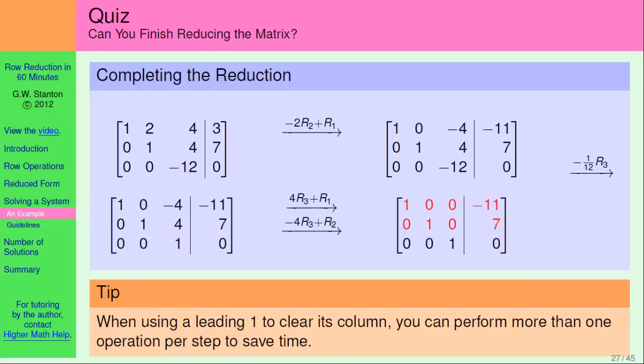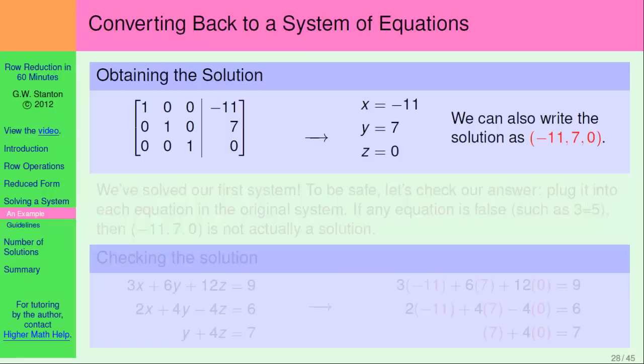Okay, that completes the row reduction. And the next step is to convert our reduced matrix back to a system of equations.